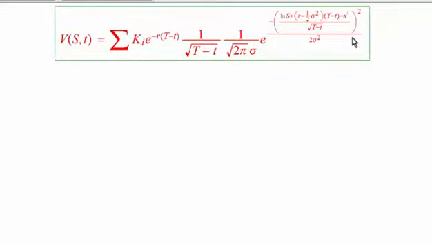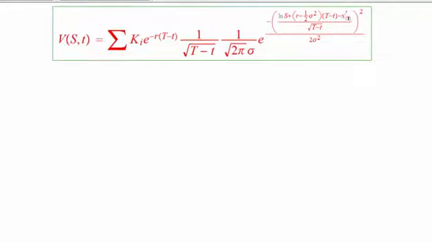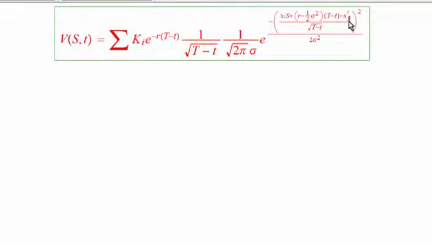If I add up a bunch of solutions and the only difference is that this i value changes, then that sum is also a solution. This x, the x prime that I pick here, and the k sub i that I pick over there, those can change and this still is a solution.